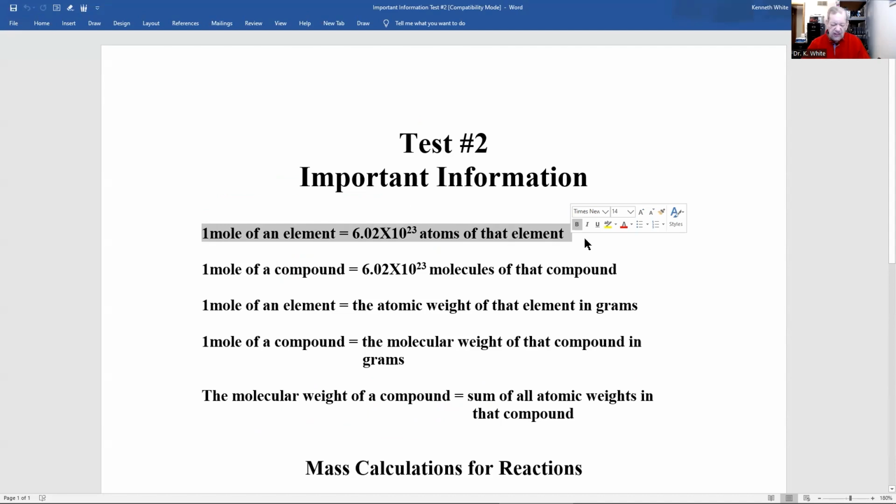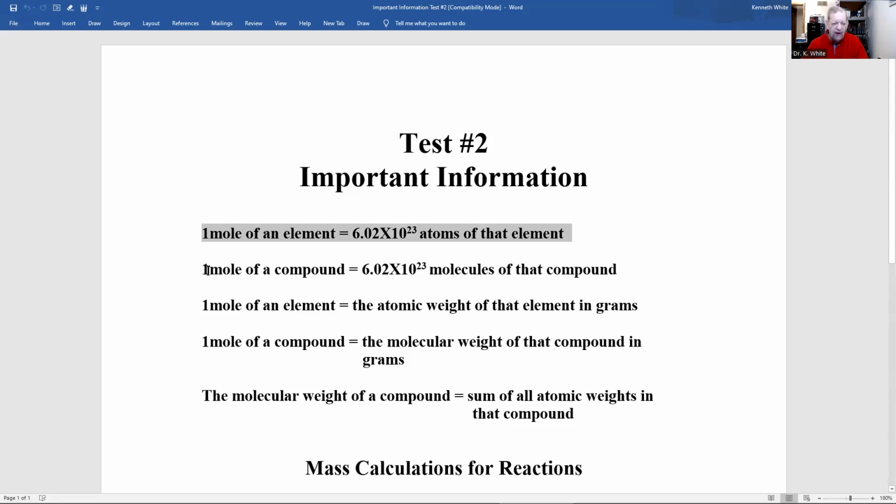I guess I should say you should know how to use is 1 mole of an element equals Avogadro's number. And you should know Avogadro's number, 6.02 times 10 to the 23rd. For an element, 1 mole of an element equals 6.02 times 10 to the 23rd atoms of that element.